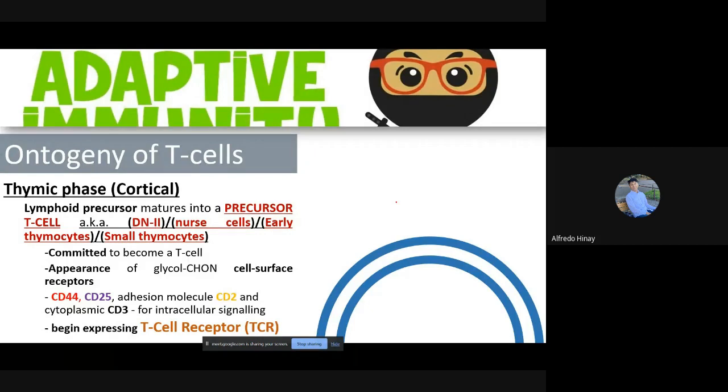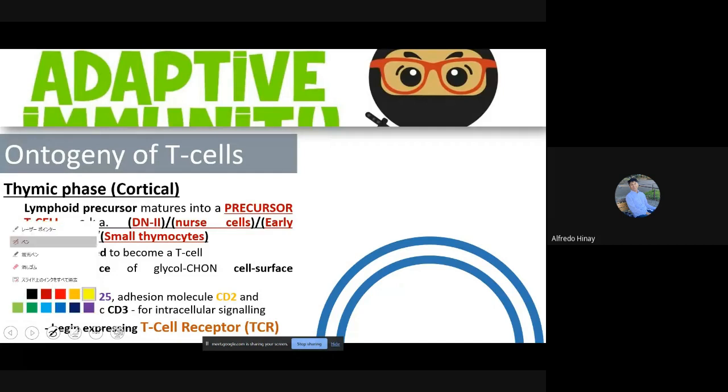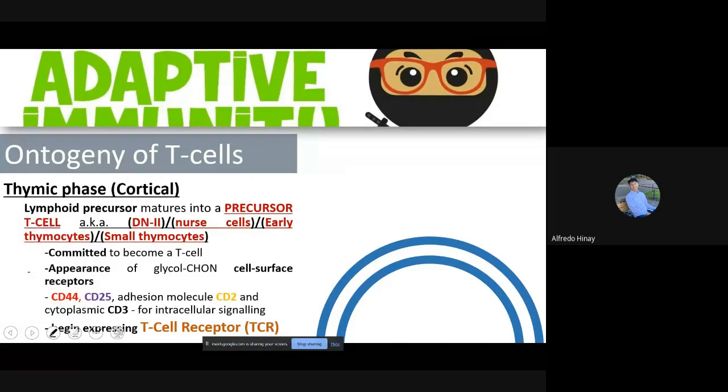Okay? Then we call that one DN2, pwede ding early thymocytes or small thymocytes. And therefore, class, take note, highlight natin class, they are now committed to become T-cell. Okay, nakapasa naman sila class. Okay, so with this one, appearance of your glycoprotein cell surface receptors and that includes your CD44.